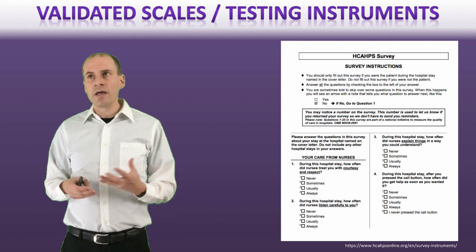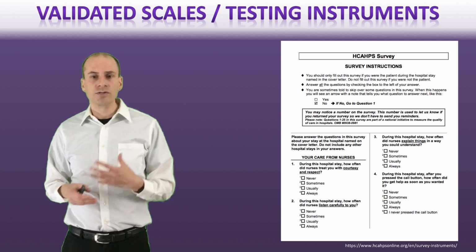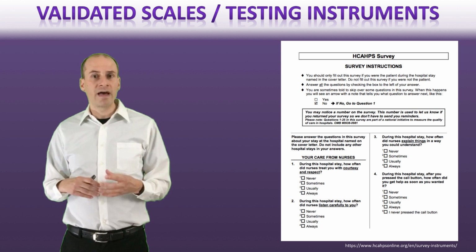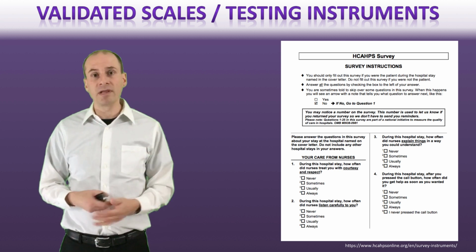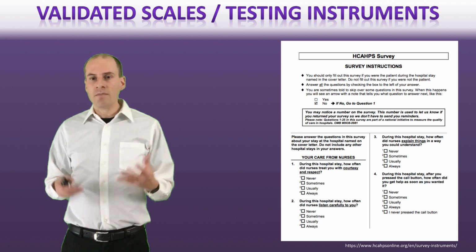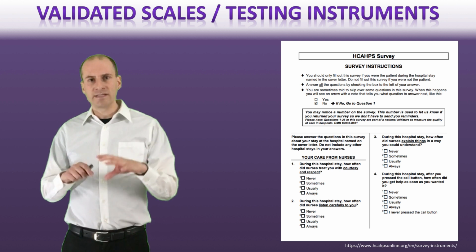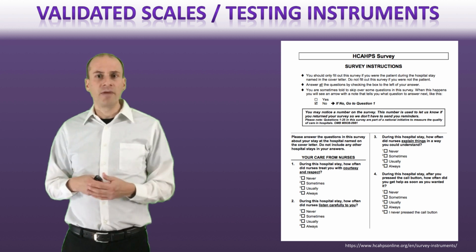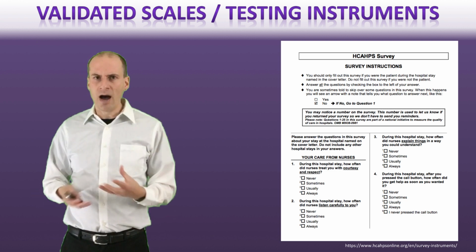Now, there's also a subset of survey approaches, which are called validated scales or testing instruments, which are sets of questions that have been put together and tested very carefully in the public or in a target population. And these surveys, like the HCAHPS survey, have been very well designed to assess different elements that can collect fairly complex information about topics like intelligence, topics that are fairly hard to operationalize.